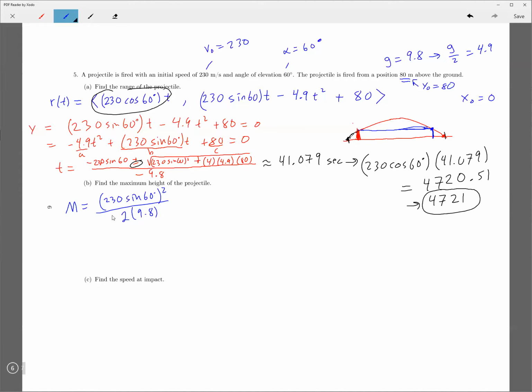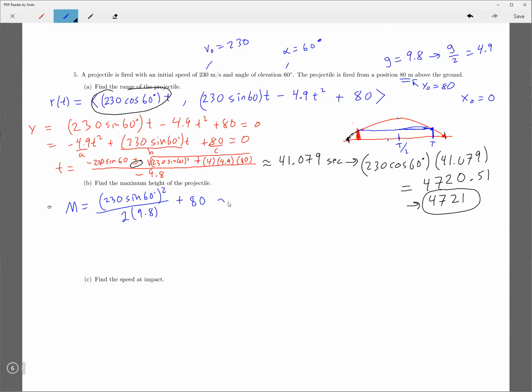That's basically going to say if it takes that much time to get to here, then at t over 2 in time, not the x distance, it's going to be at the maximum height. So you're just plugging in t over 2 into that. But then you've got to add an 80, because you have this extra piece there.